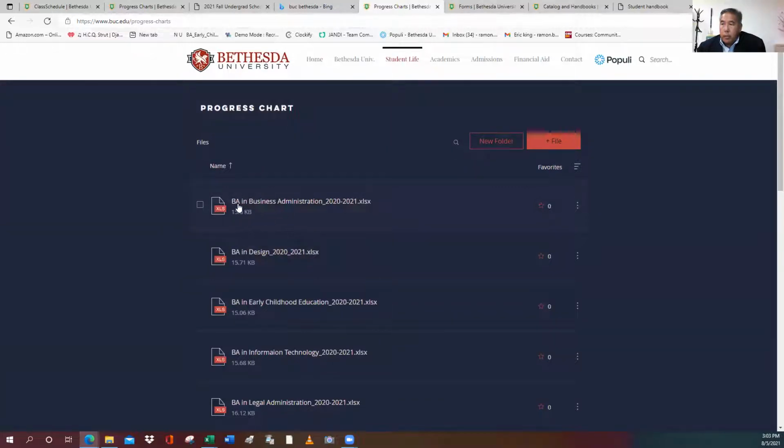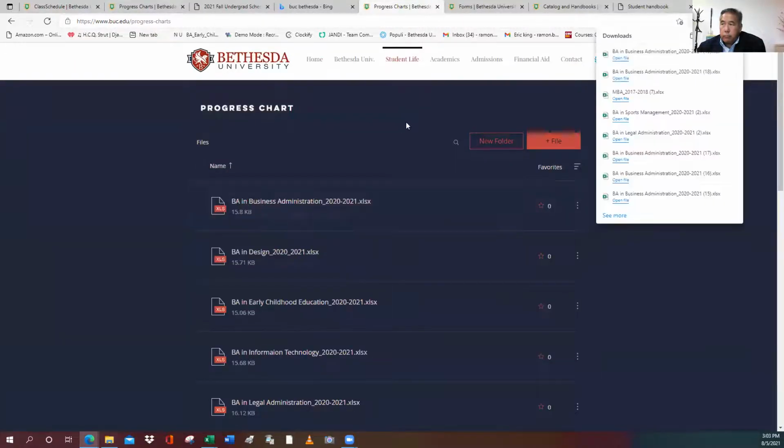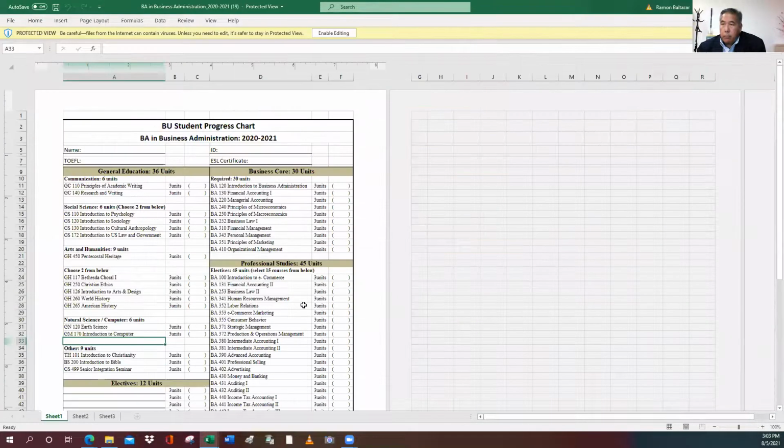So as you get to progress chart, click on it. And here you will see business administration version 2021. Okay. This is what we call your progress chart. Please make a copy of it and keep it for yourself.